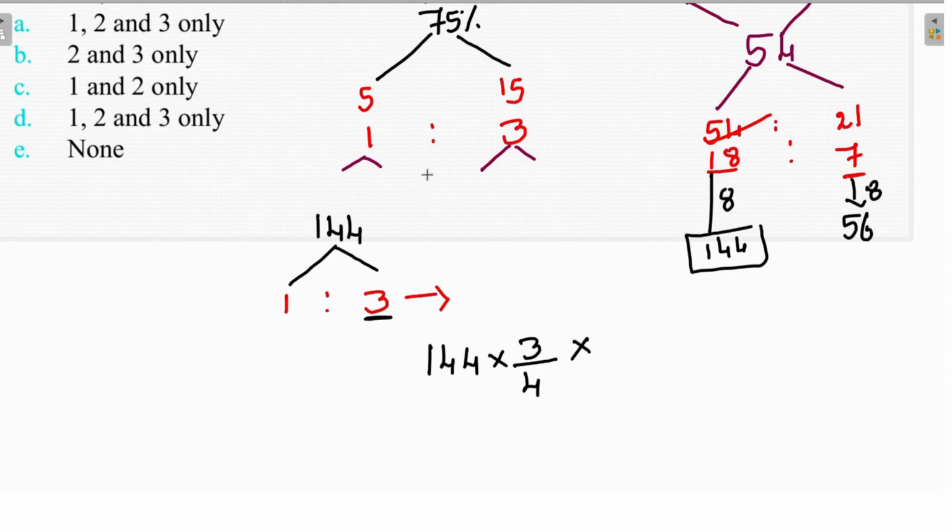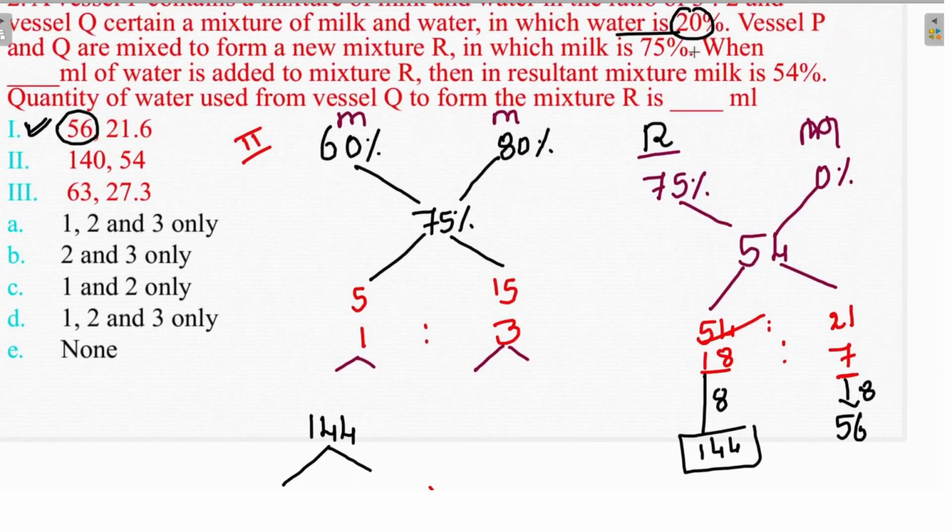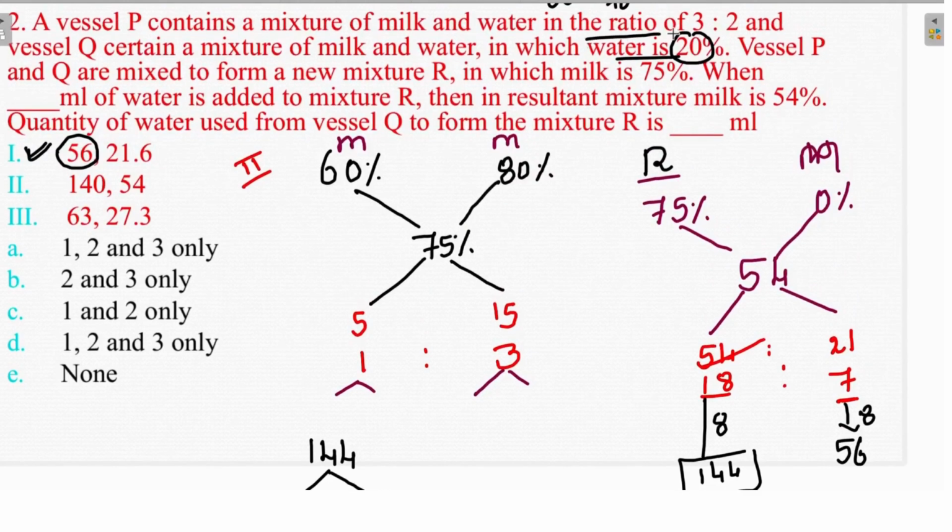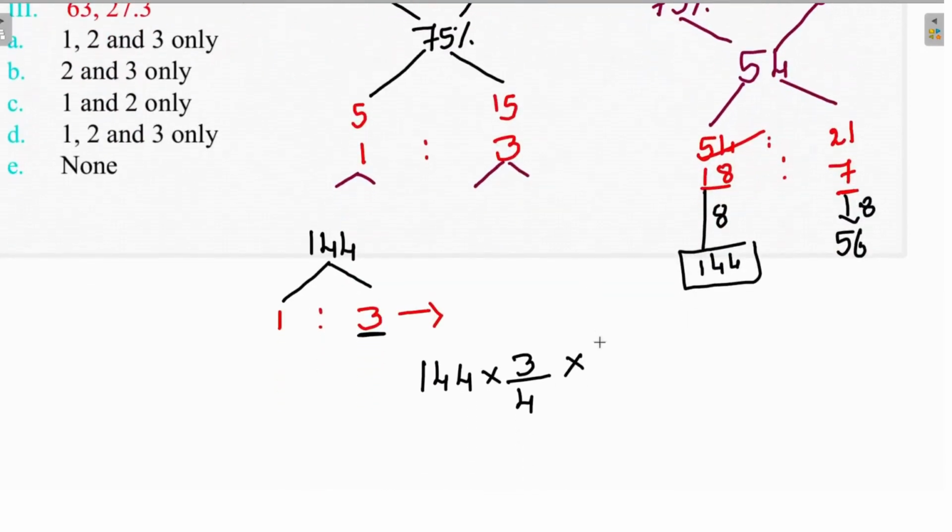The mixture from vessel Q is 20% water, and the 20% fraction value is 1 by 5. So this is the final answer.